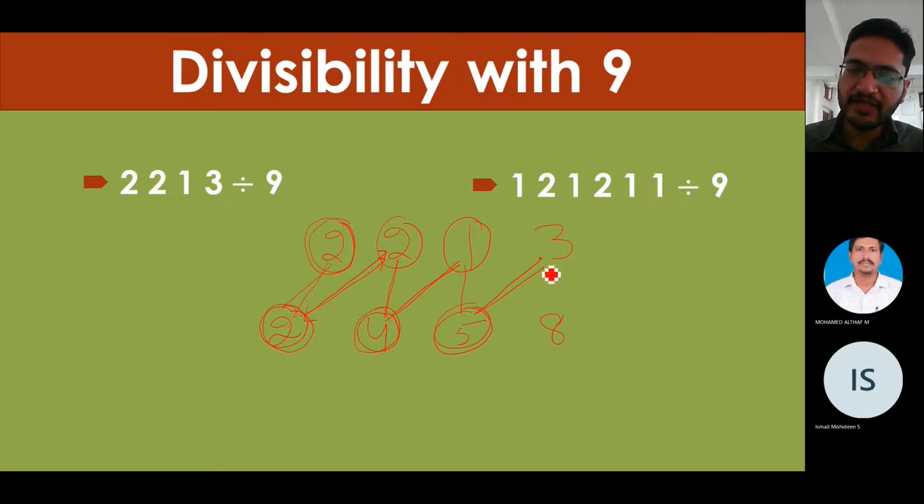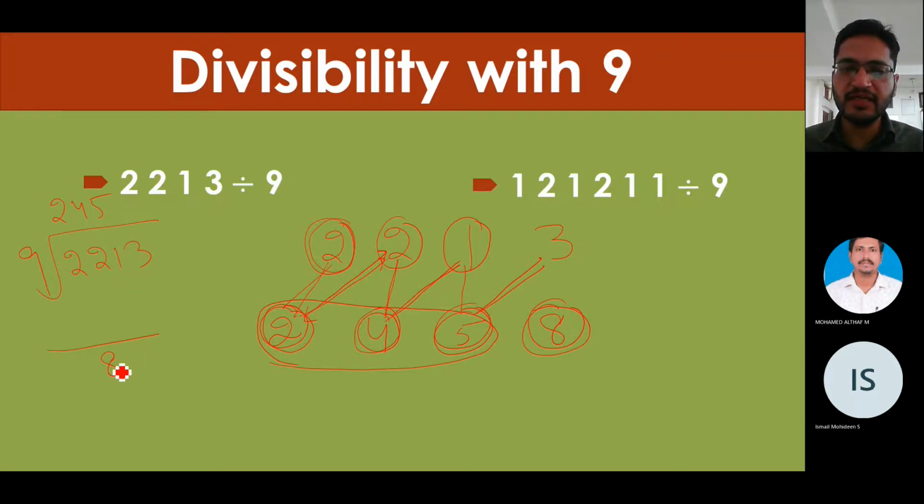Again, I will add 5 in 3, that is 8. So this will be the quotient and this will be the remainder. So whenever we divide 2213 with 9, I will get 245 as a quotient and the remainder will be 8.